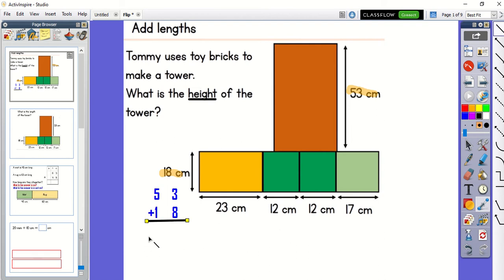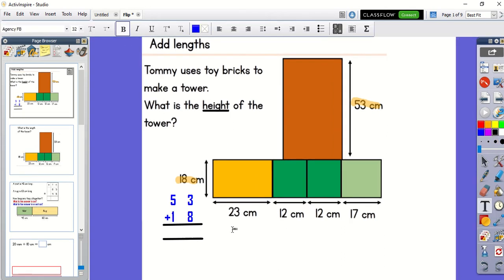So, first off, I've got 3 add 8. Well, 3 add 8 is 11. But we don't put 11 in the ones column, do we, Year 3? No. We put the 1 there, but we have to carry the 10 over. So now I've got 5, add 1, add the other one. So 5 add 1 is 6, add 1 is 7.